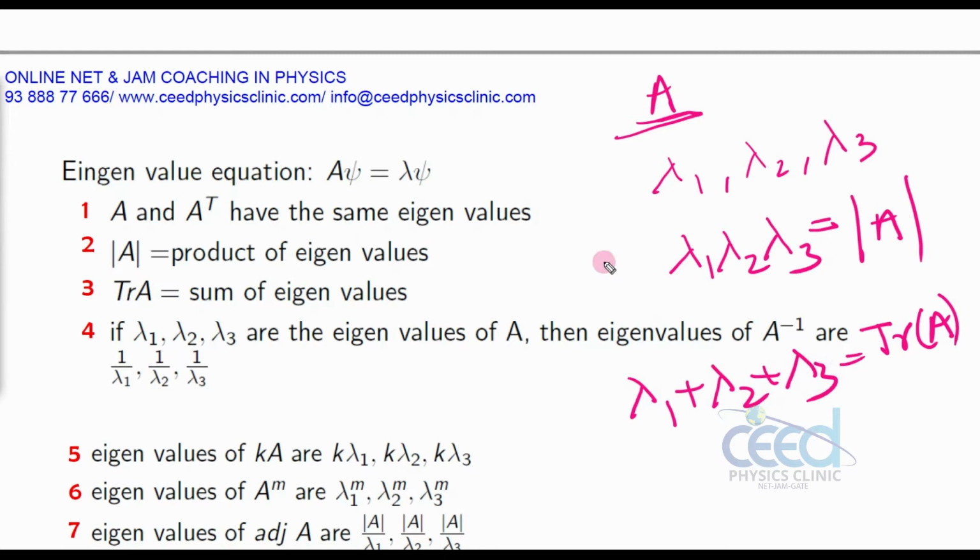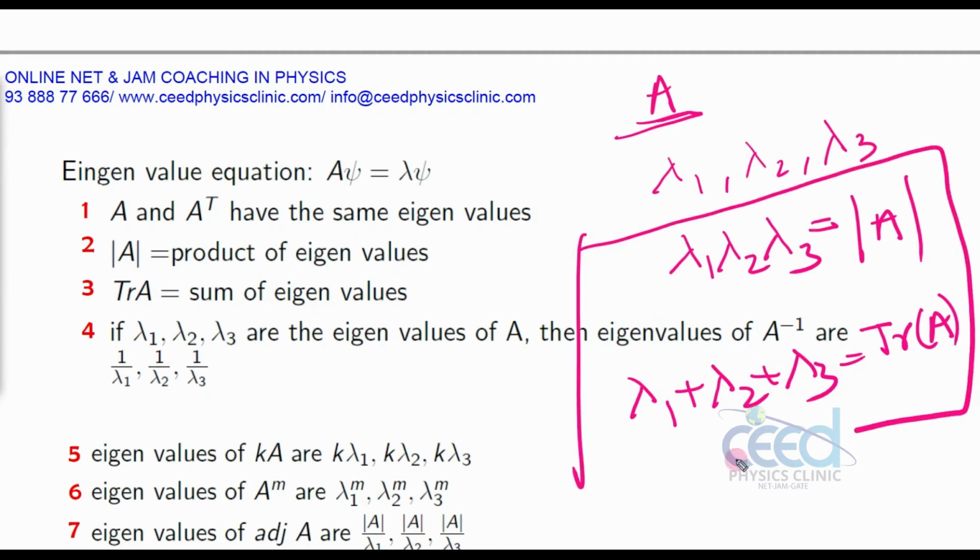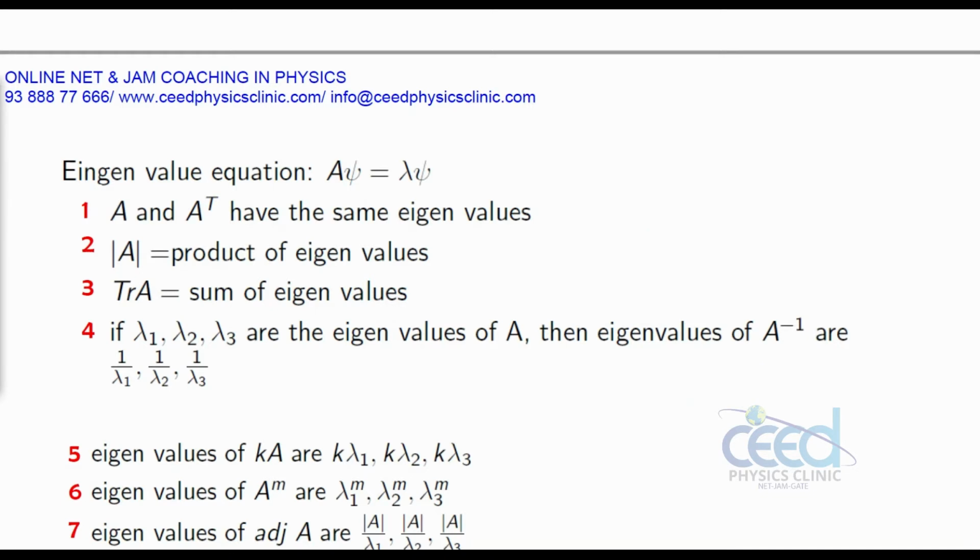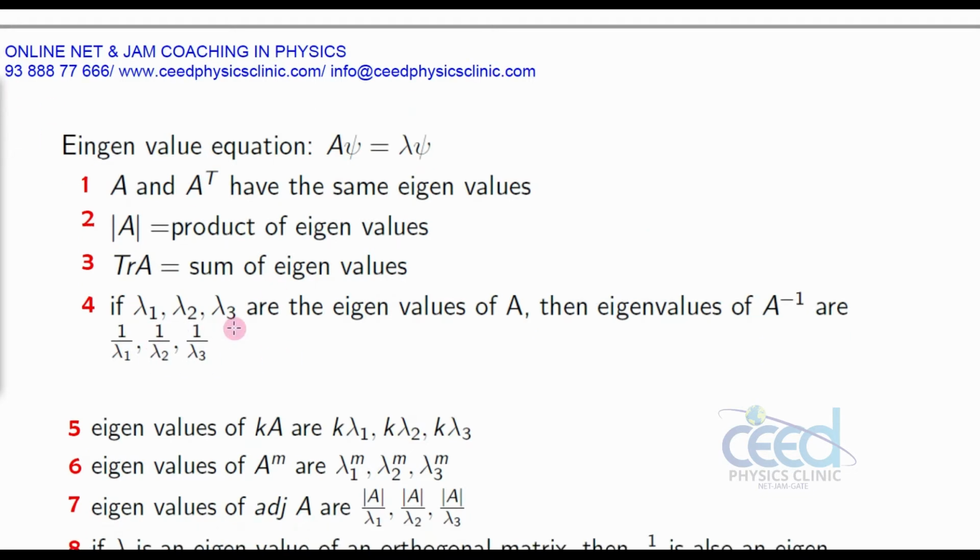These are two important results that you have to keep in your mind: determinant of A is equal to the product of eigenvalues, and trace of a matrix is equal to the sum of its eigenvalues.